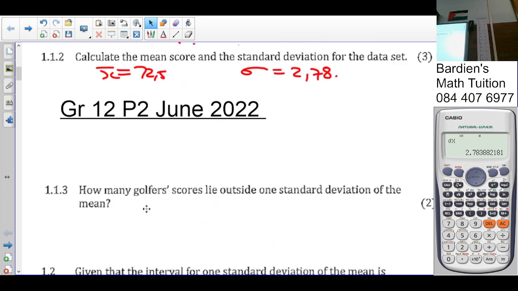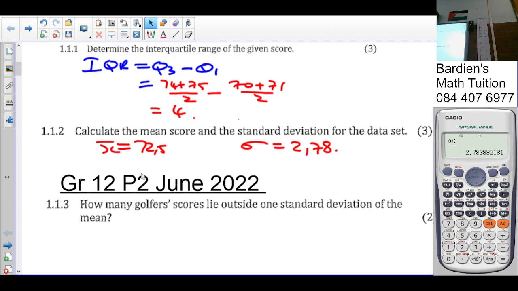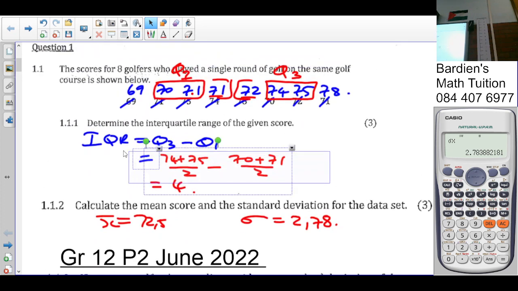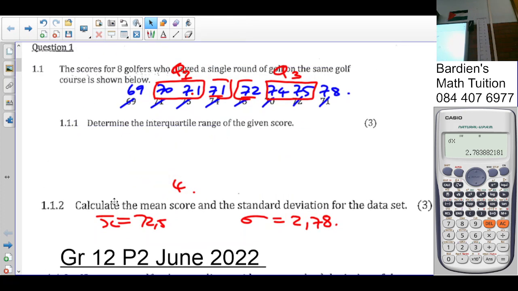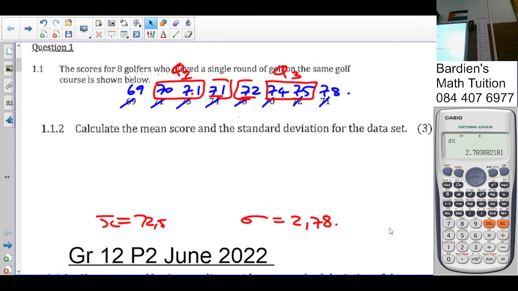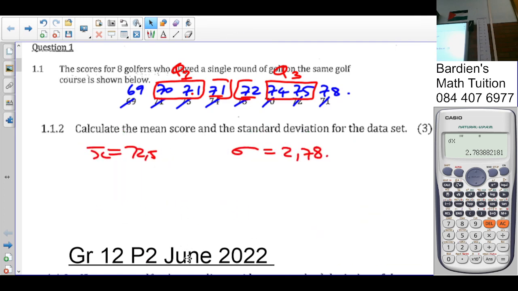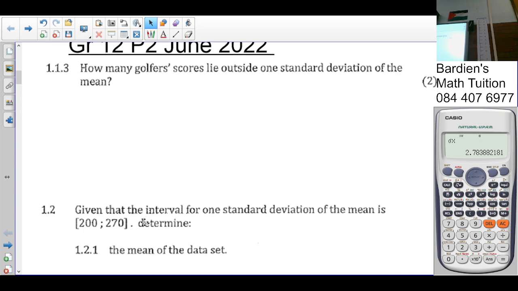Then in question 1.1.3, here we are told, so I'm just going to take this out here so that I can move this up. I want to keep the values of the data in focus. Okay. Let's pull this up here.